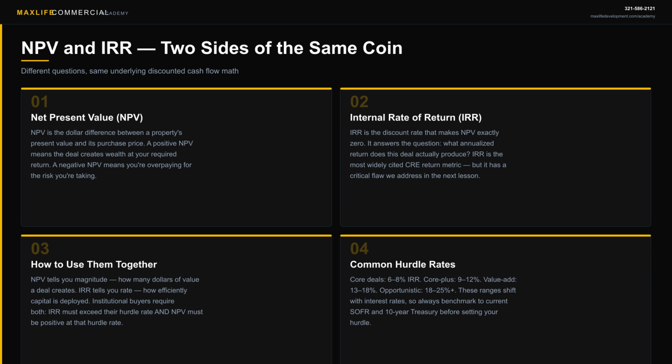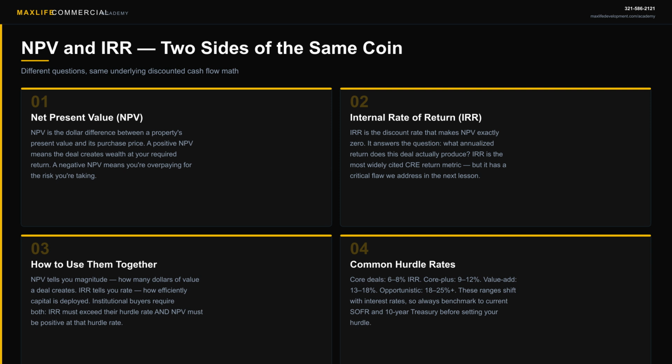Net present value and internal rate of return are the two most important return metrics in commercial real estate, and they're deeply related. Both are built from the same discounted cash flow math. They just answer different questions. NPV asks, given my required return, does this deal create or destroy wealth?